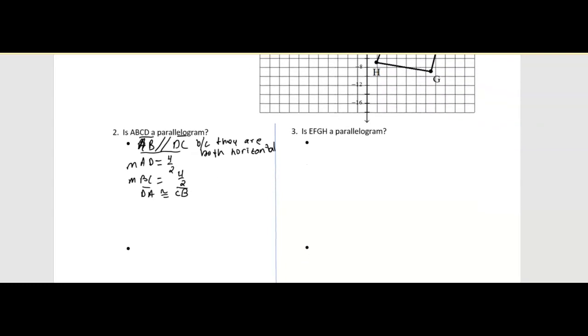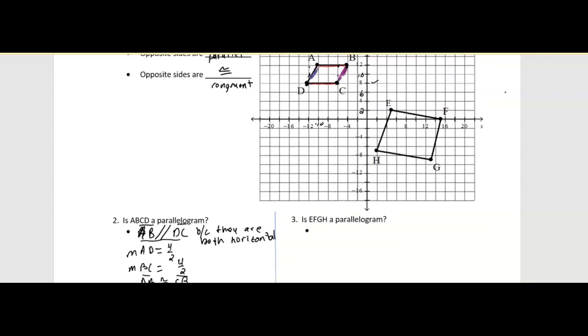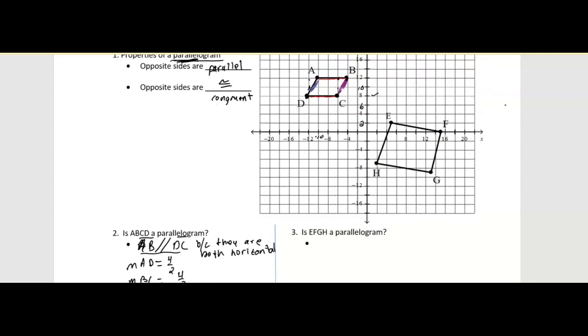The other thing that would have to be true, and this is what the second bullet is for, is our sides have to be congruent. They have to have the same lengths. So AB and DC, again, are the easy ones. So now we're just going to prove, are the opposite sides congruent? From A to B, there's 1, 2, 3 steps away. Keep in mind, each tick mark is 3, though. So A is 6 units from B. To get from D to C, I start at D, and then I go 2, 4, 6 units away.